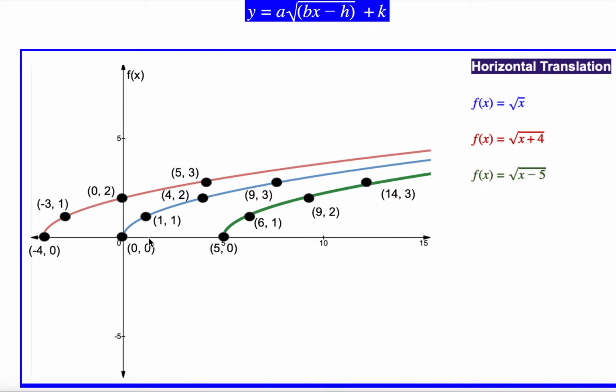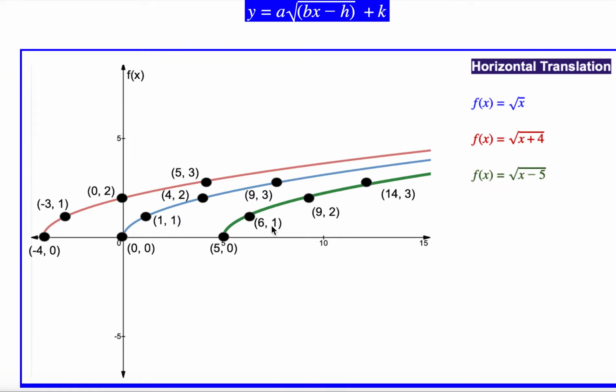Every point in the green function is going to move 5 units to the right. For instance, the point on the parent function that is (1, 1) is going to change to (6, 1). If you look, the vertical coordinate of the point is in the same position.